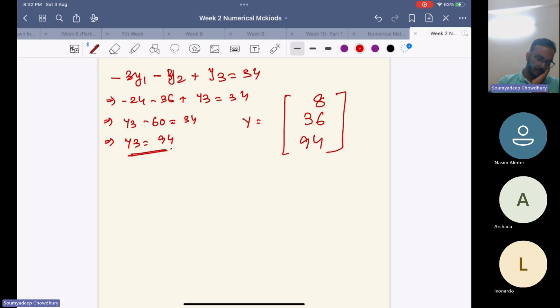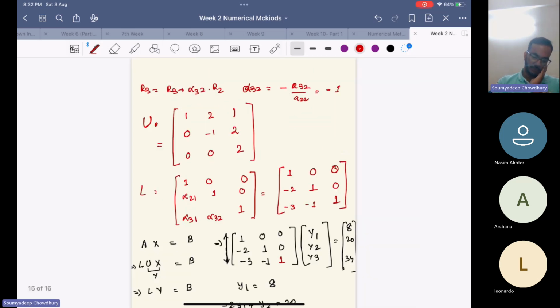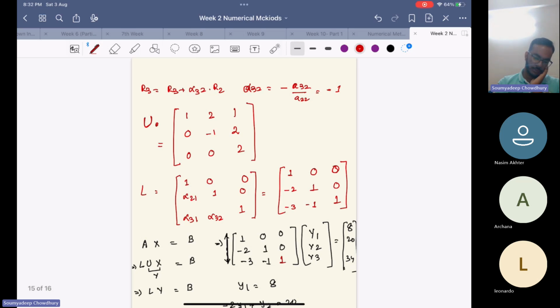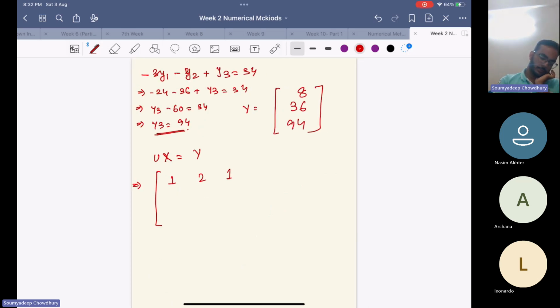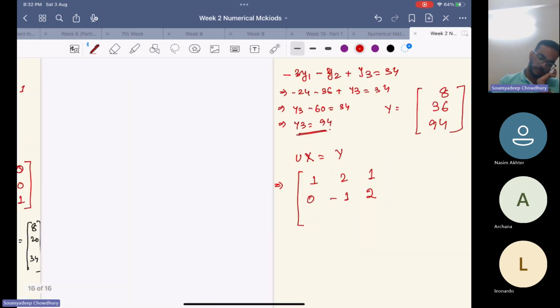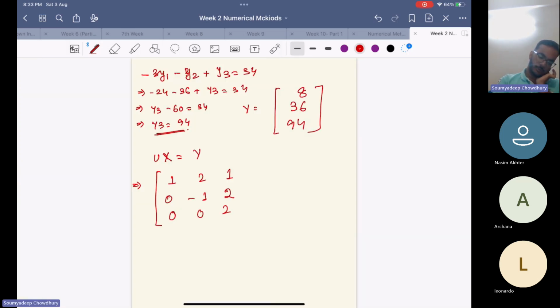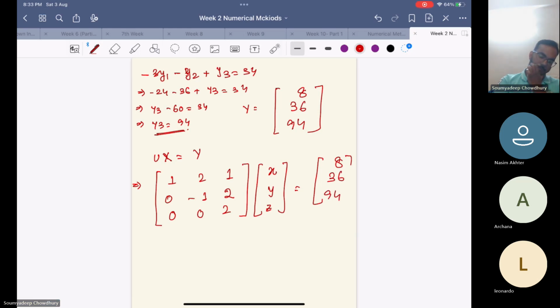So what was our Y? It was UX, right? UX equal to Y. So now we will substitute U. What was U? 1 2 1, 0 minus 1 2, then we had 0 0 2, times X, Y, Z, equals 8, 36, and 94.